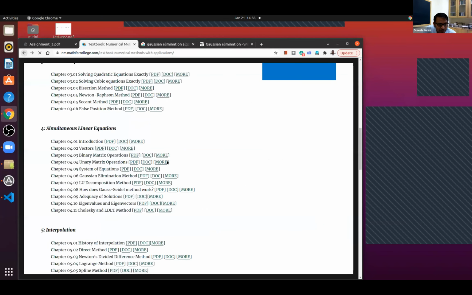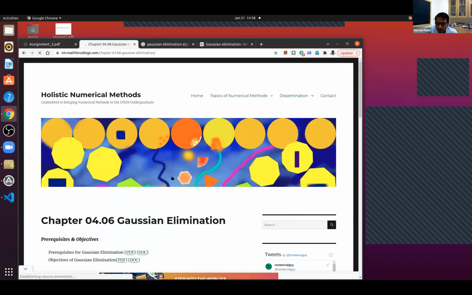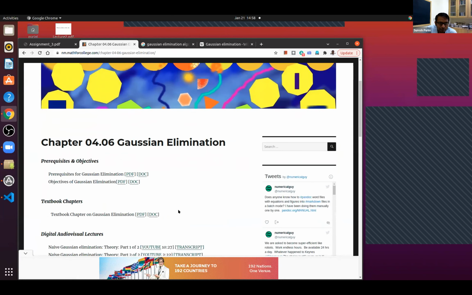Where is this book? This is the book I posted as a part of the assignment. If you just go here, it is there. You just have to look carefully.